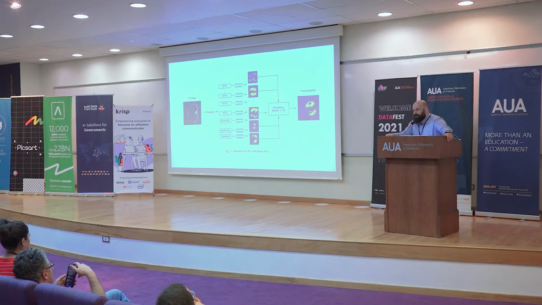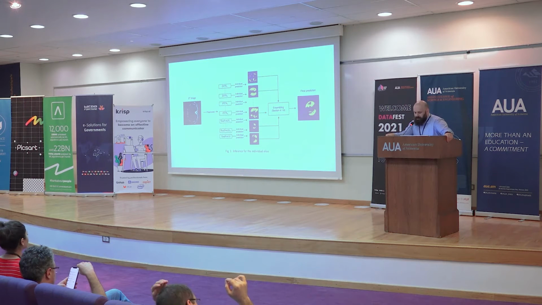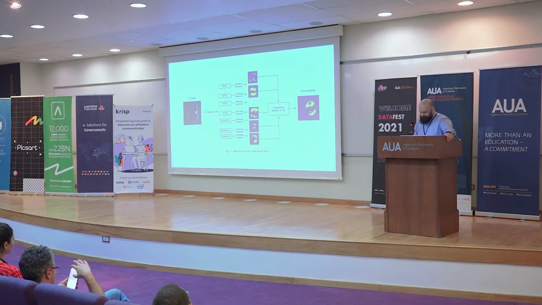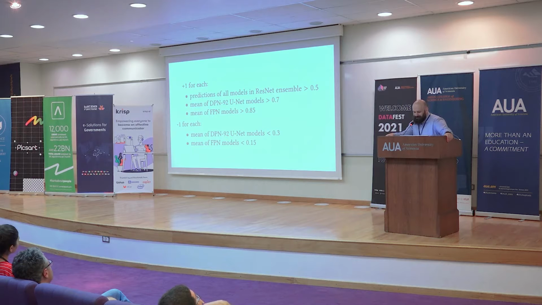We segment lungs on that CT scan, keep only that, and then pass it through these ensembles of neural networks, each of which gives a prediction, and then we ensemble that to get a final prediction. For ensembling, we used this hand-built algorithm, which looks a little bit ad hoc, but overall it worked pretty well for us.